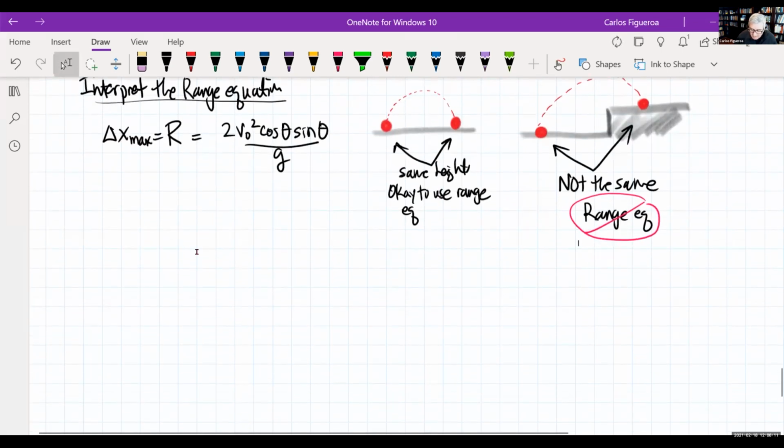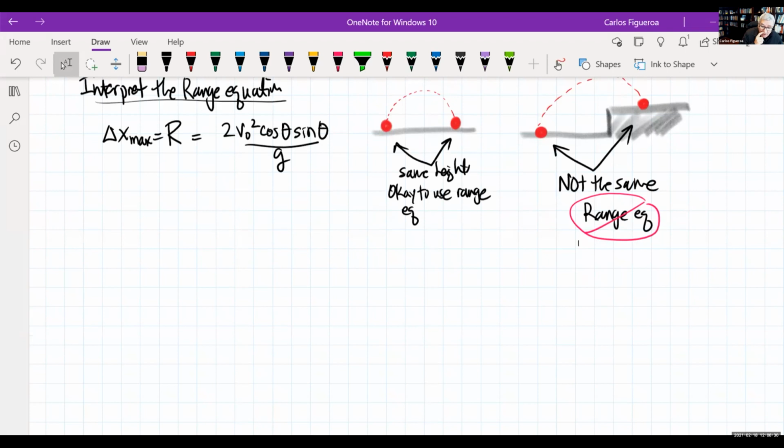So now let's look at where I want to go with this. The piece that I want to look at here is, when do you get maximum horizontal distance?